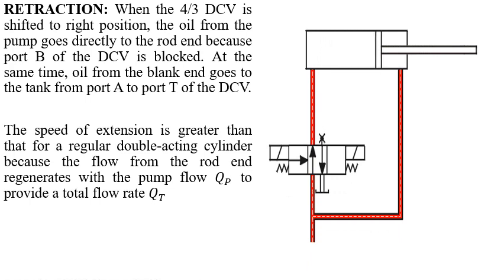Look at the animation: the rod end flow is directly connected to the pump flow. The extension speed is greater, while the retraction speed is normal compared to the double acting cylinder.